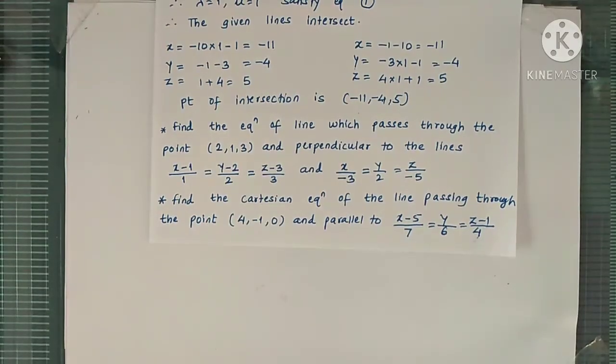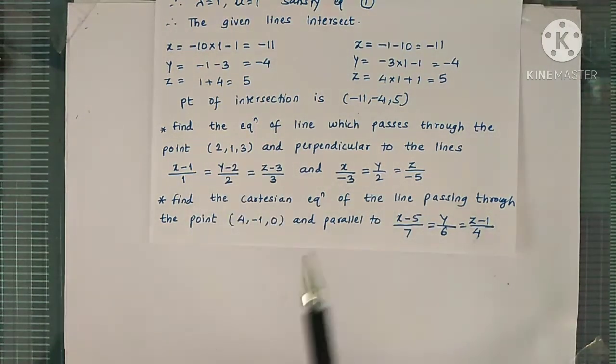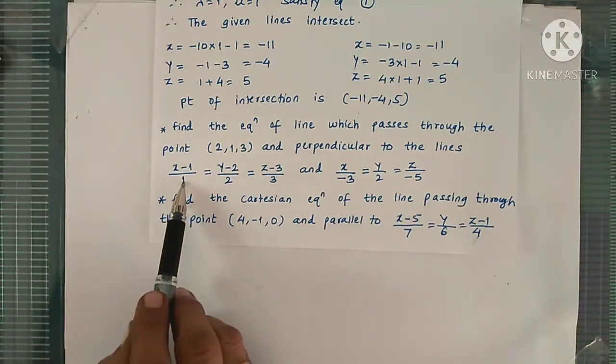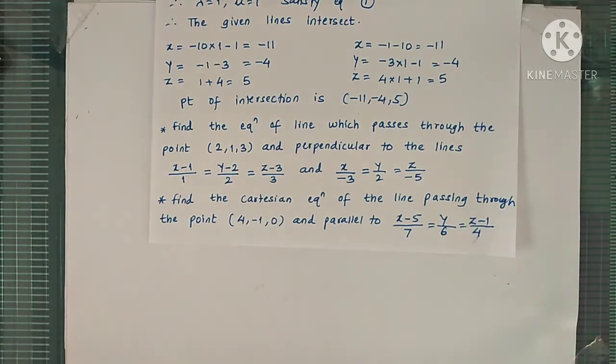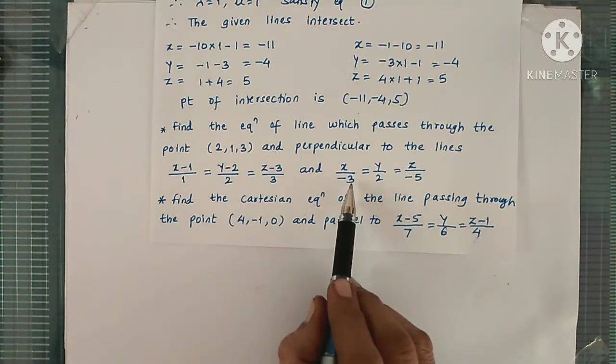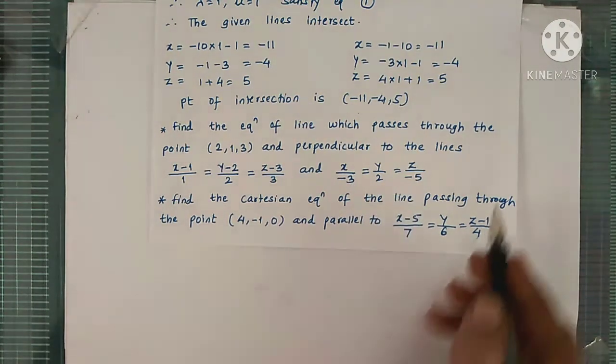So this is your today's assignment. Find the equation of the line which passes through the point and is perpendicular to the lines. Perpendicular to the lines means it is perpendicular to the vector i cap plus 2j cap plus 3k cap. So this is b1 bar, and b2 bar is minus 3i cap plus 2j cap minus 5k cap.